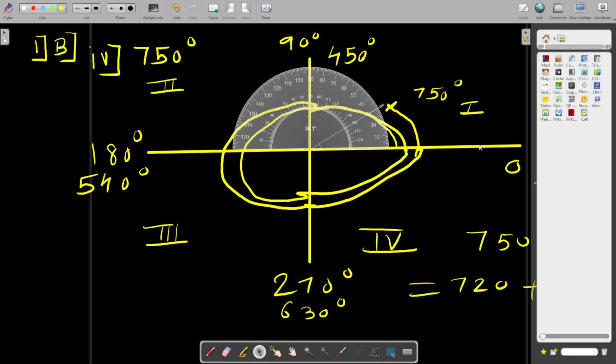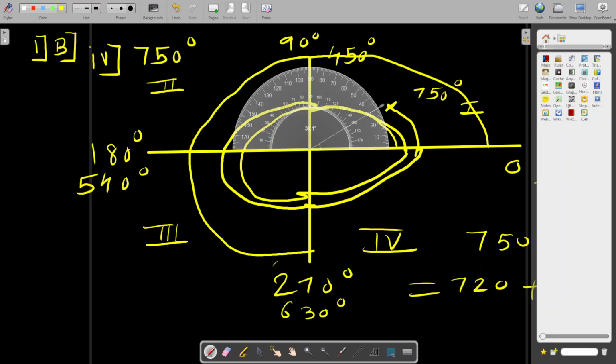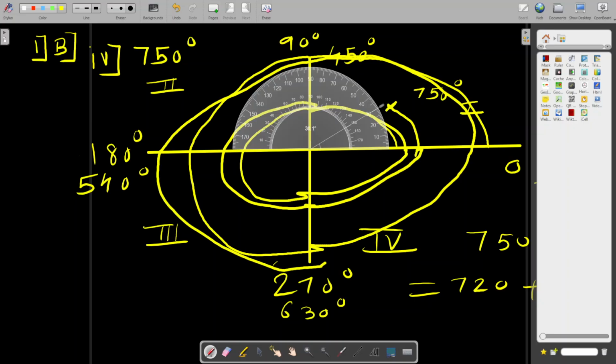So starting from here, this is 0 to 90, 90 to 180, 180 to 270, 270 to 360, 360 to 450, 450 to 540, 540 to 630, 630 to 720 and 720 plus 30, that is 750.